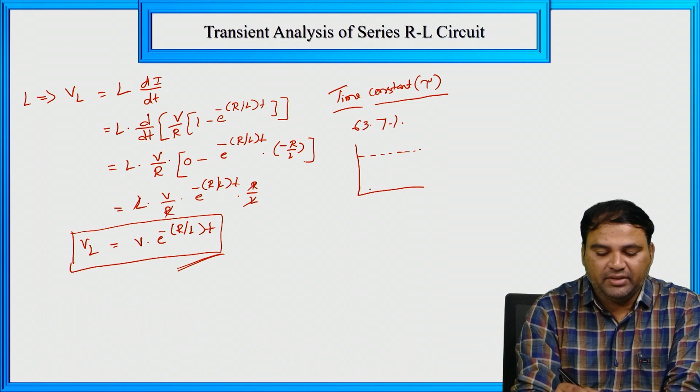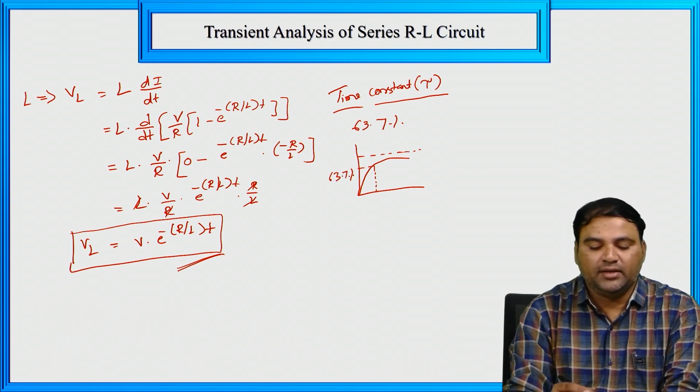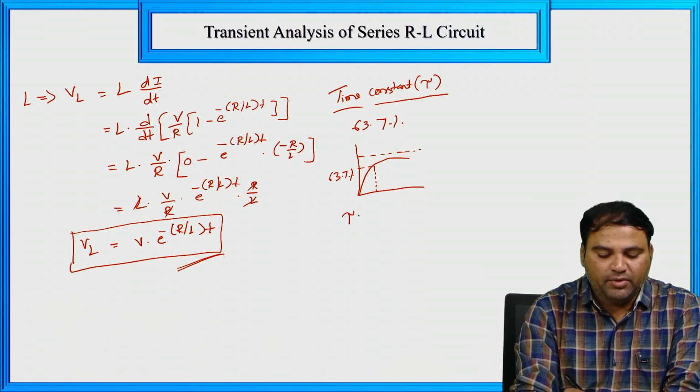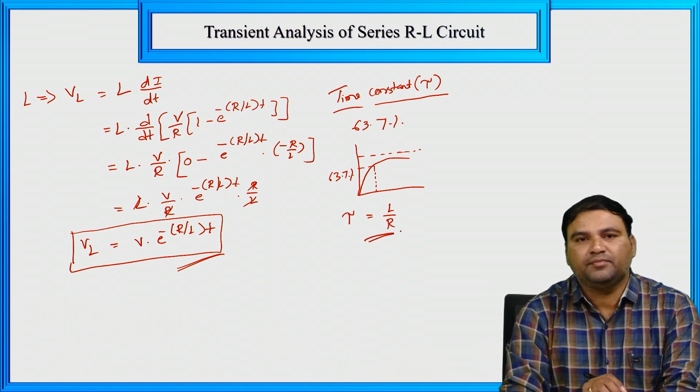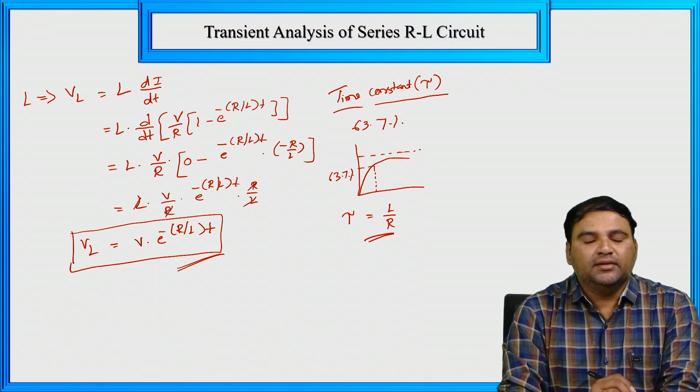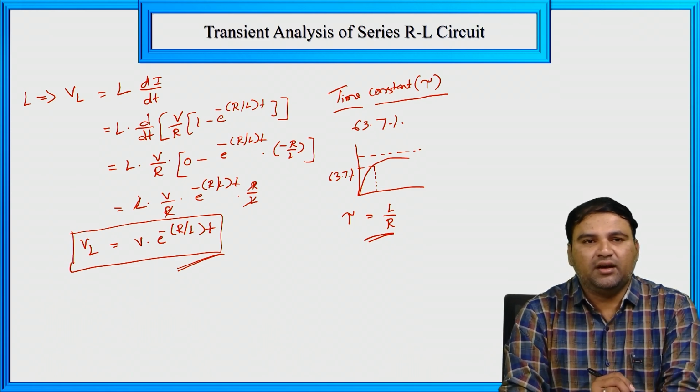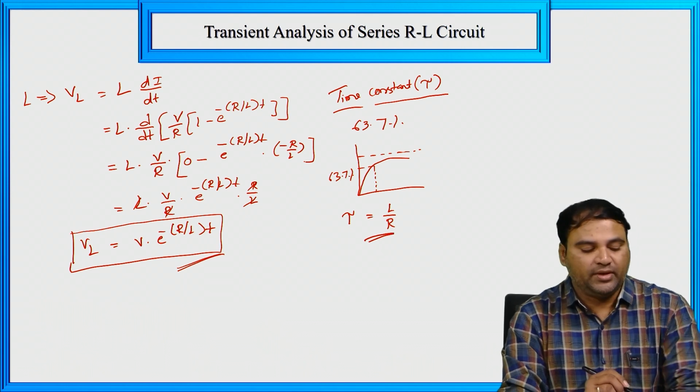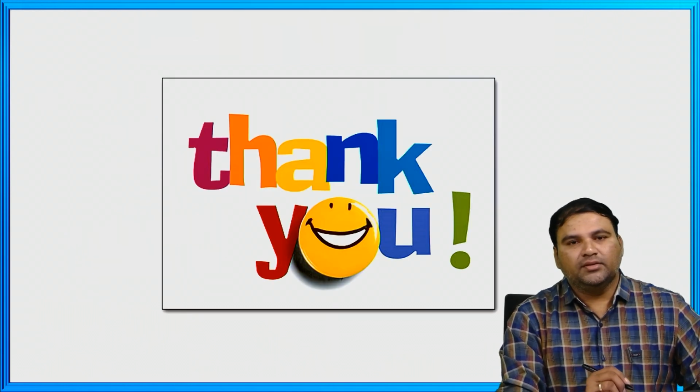Here we have the maximum value, and here we'll get 63.7%. Okay. So tau equal to L divided by R is the equation. Okay. This is about the transient analysis of a series RL circuit with differential equation. Okay. So thank you and all.